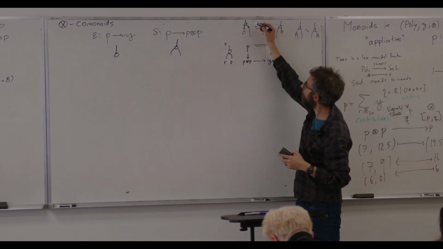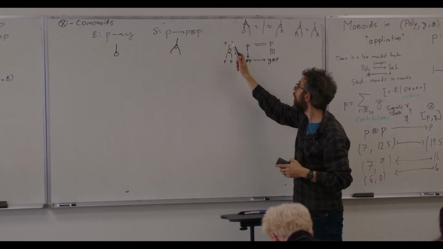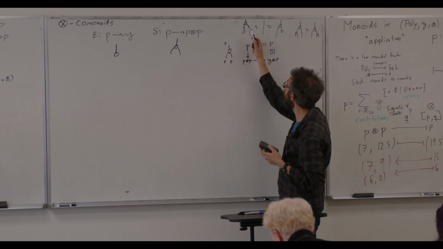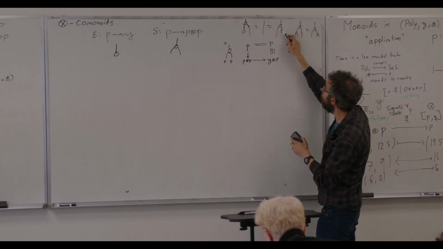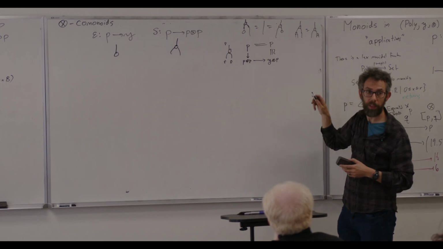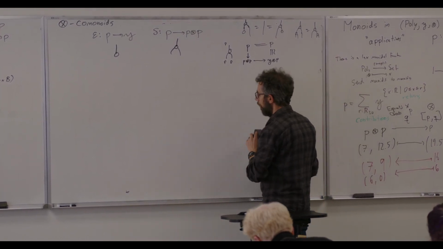So if you split, and then you take one of the two factors and you terminate, that's the same thing as not having done anything, as the identity on P. That's what this is saying. And this is saying, terminate the other side. And this one's saying duplicate one, and this one's saying duplicate the other. Okay.